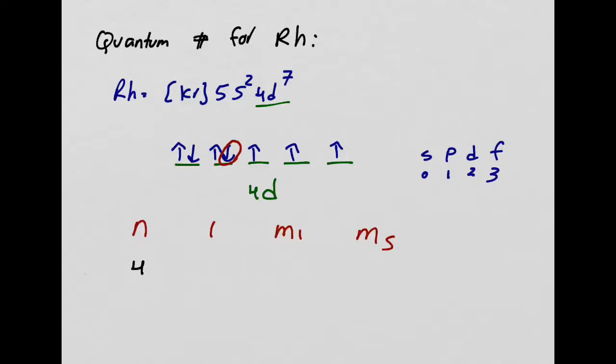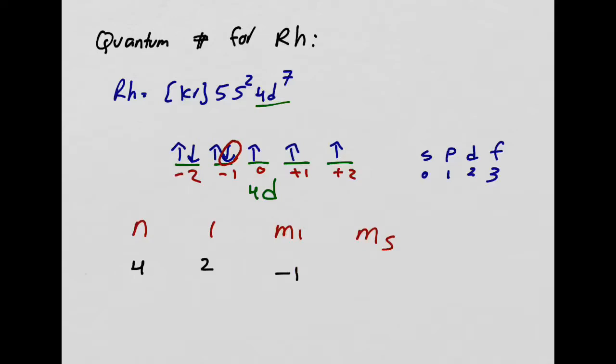So D would be 2. M sub L. Remember what we talked about? We have to give a number to all of these because quantum numbers have to be numbers. Now, M sub L is the orientation. This is the house the last electron is in. So it would be minus 1.